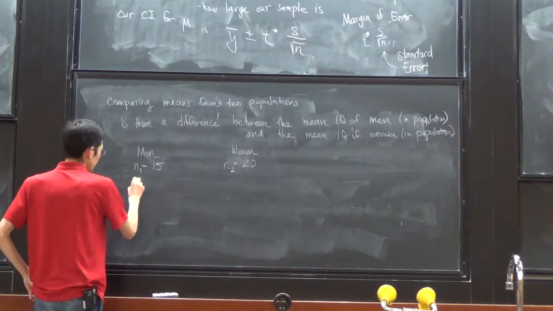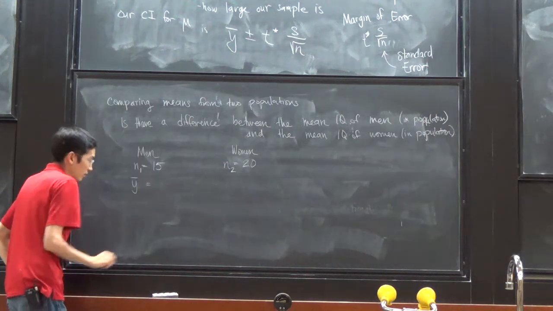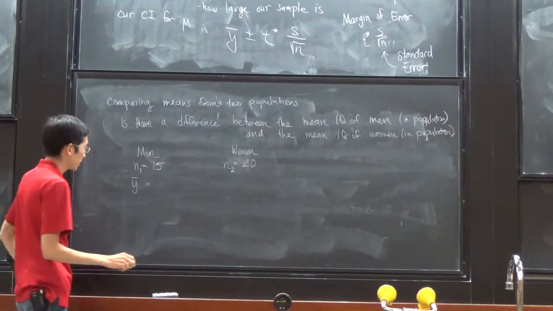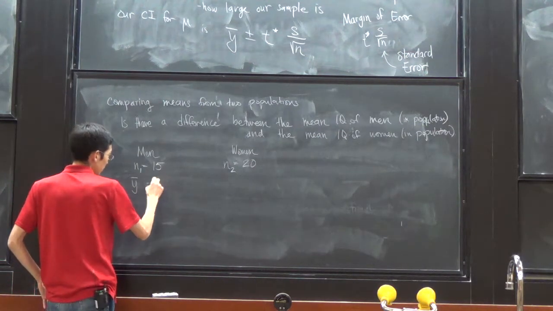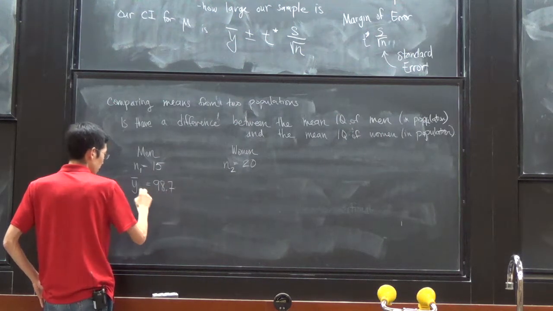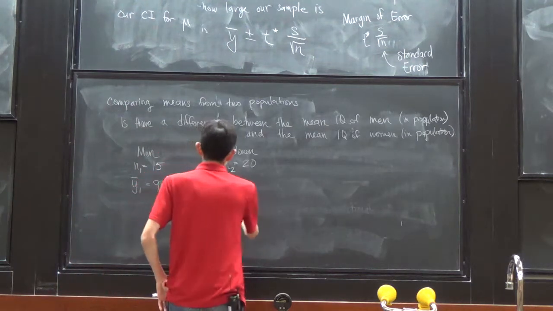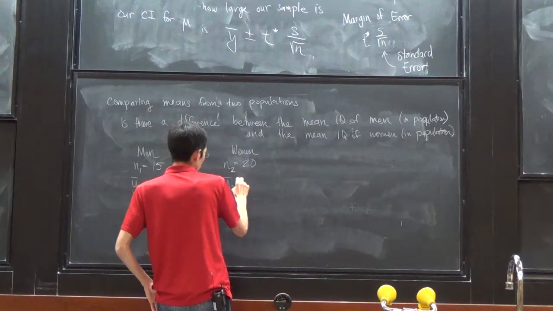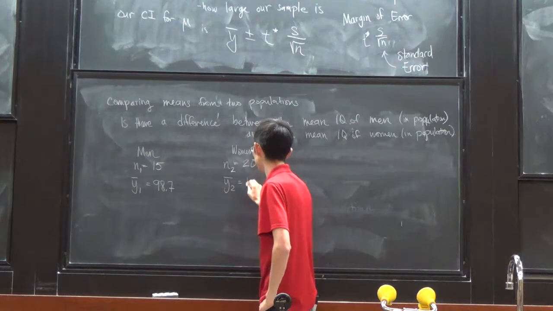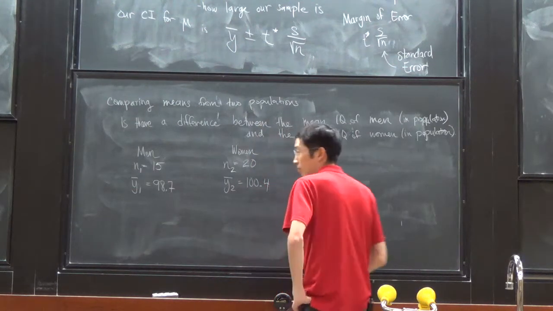Okay, and let's say we surveyed 15 random men, and the mean IQ of group 1, let's say, was 98.7. So that is y bar 1. Let's say y bar 2 is 100.4.